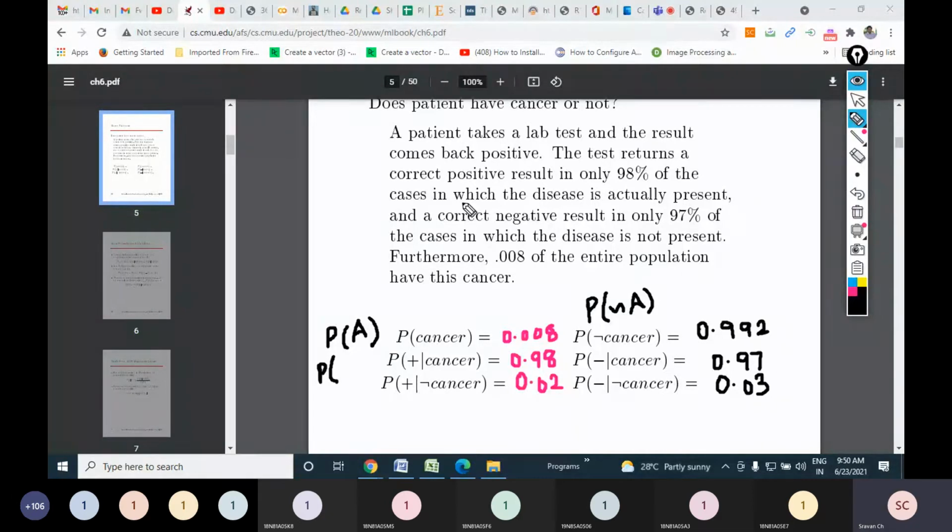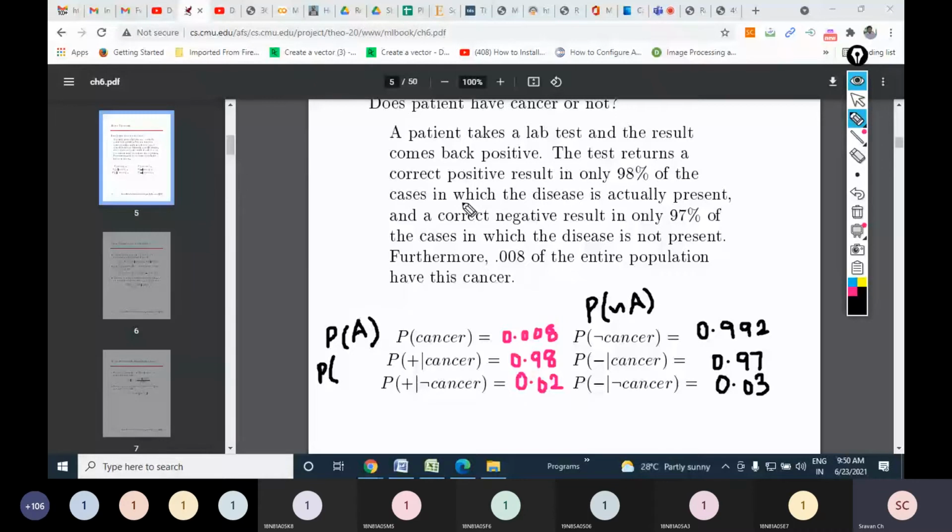Here the event is having cancer or not, which I am representing with A. And we come to know whether a person has cancer or not when he undergoes the test. So the condition to decide whether a person has cancer is that he should go for the test.